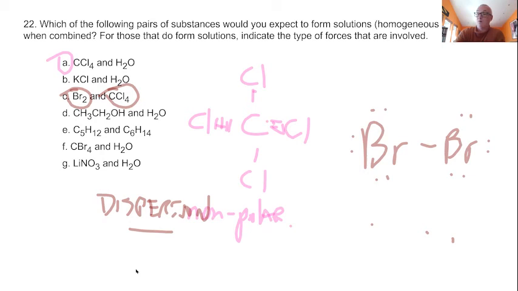No, it doesn't, right? Because you've got bromine on one side, bromine on the other side. They're equally pulling on those bonding electrons. So there's no net dipole. So what's the only force available to it to interact with other bromine molecules? Dispersion, exactly.